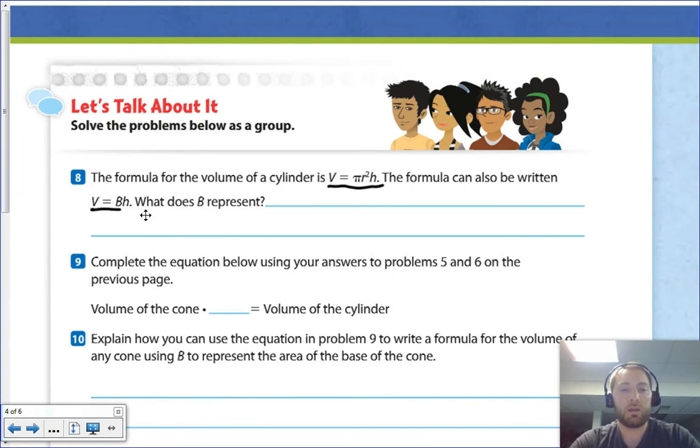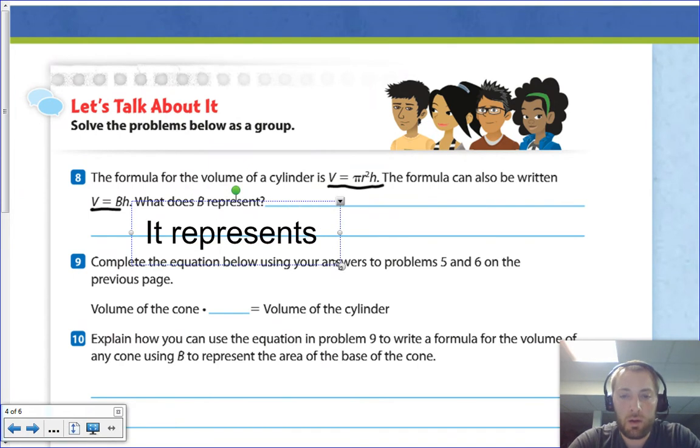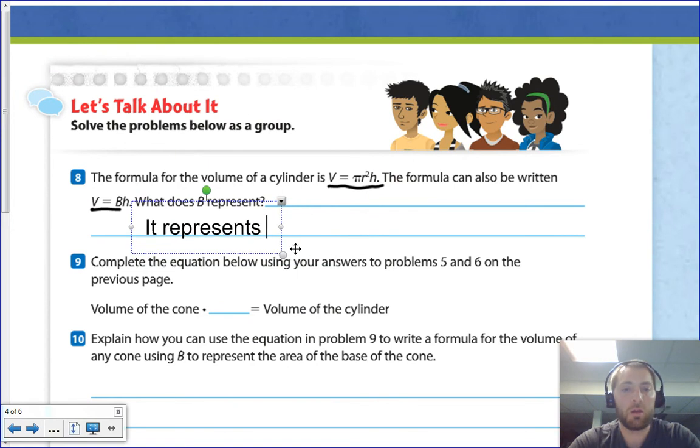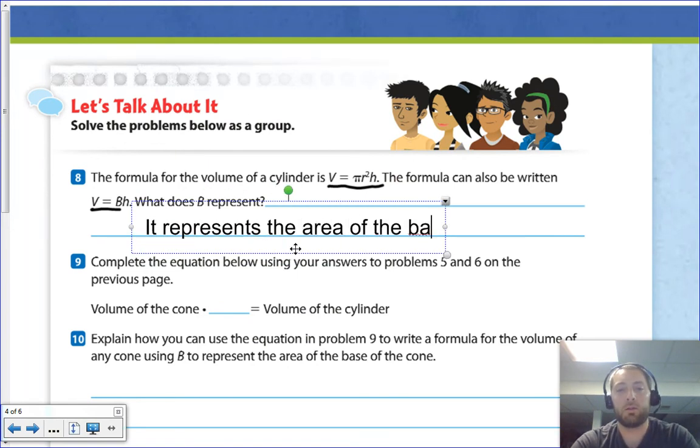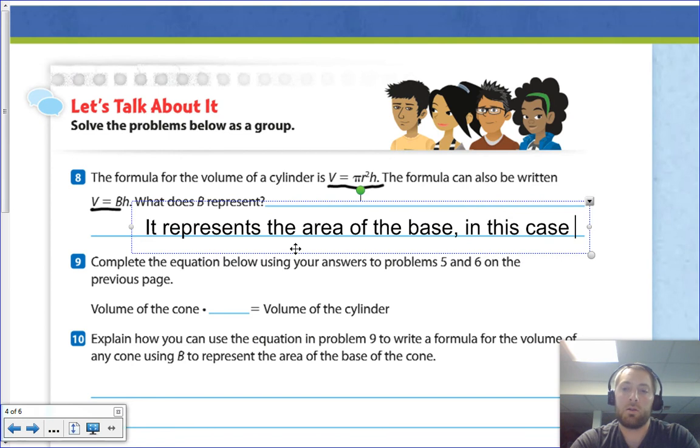Capital B represents the area of the base. In this case, I'll write that one out, because it's a circle. So in this case, it's pi r squared.